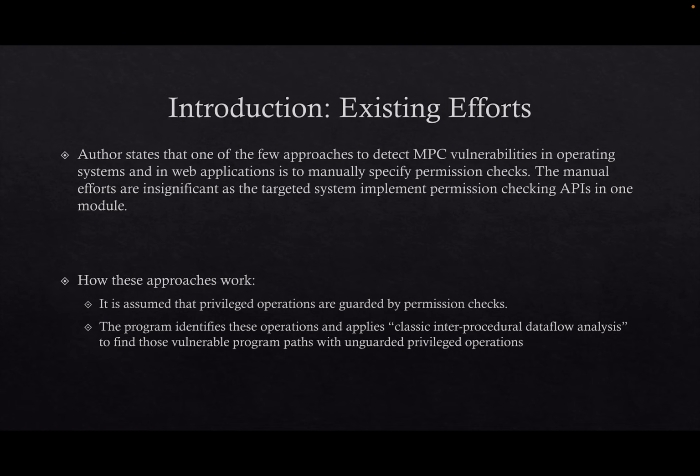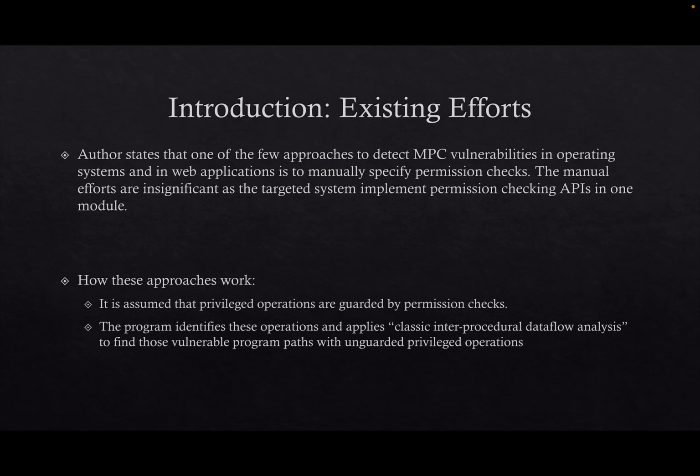There have been a lot of existing efforts to combat missing permission check vulnerabilities, which involve manual specification of permission checks in operating systems and web applications. These approaches typically require specifying permission checks in a centralized module, making the manual effort manageable. Once permission checks are identified, privileged operations are mined based on the assumption that they are typically guarded by permission checks on most program paths.